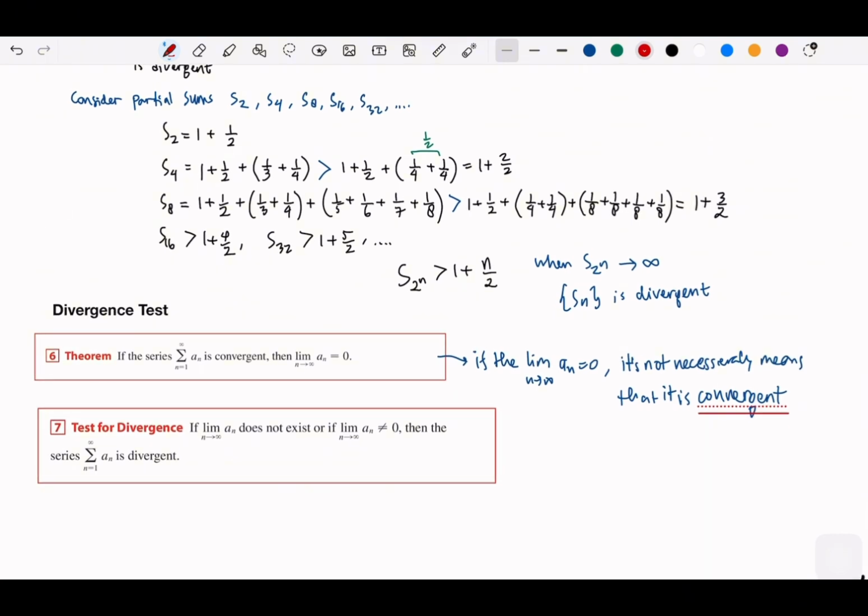Then we arrive at the first test for convergence and divergence. If the limit doesn't exist, or the limit is not 0, then the series will be divergent. So at the beginning, if you check the limit of the sequence and it doesn't exist or is not 0, this will be divergent.